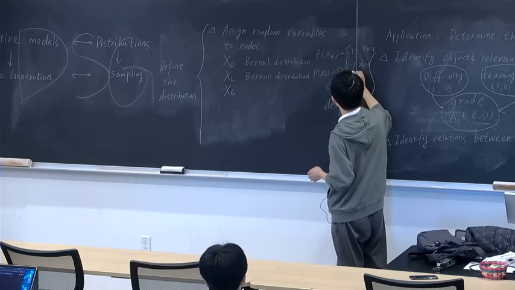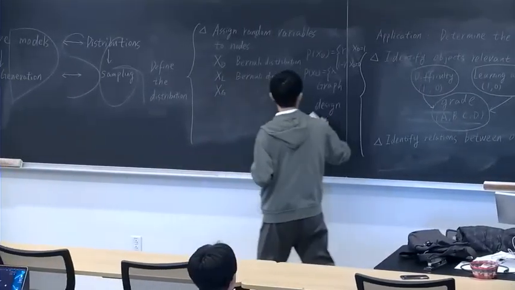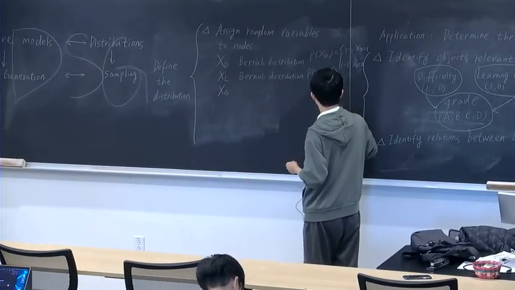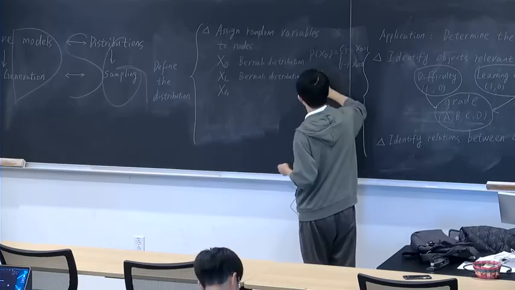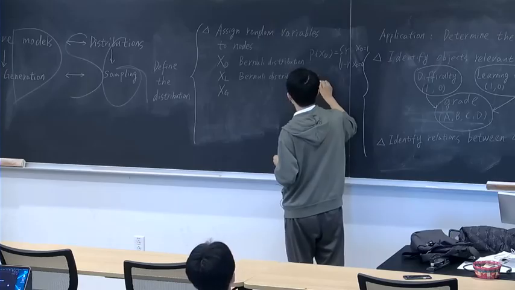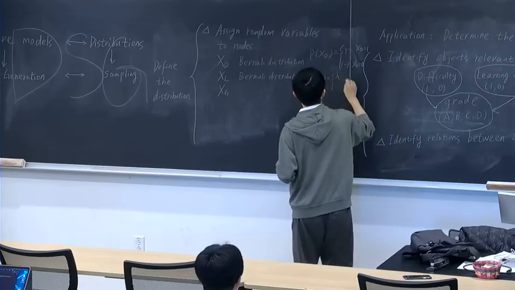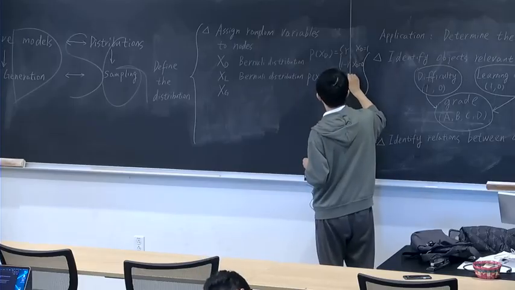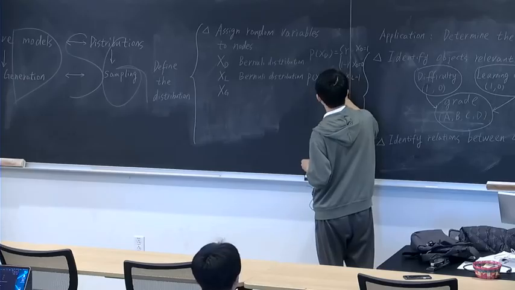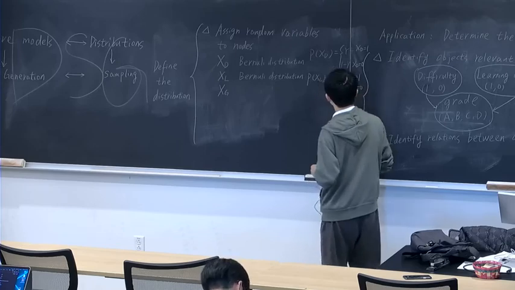So the probability p of xl equals lambda if this variable xl equals 1, and the probability equals 1 minus lambda if the variable is 0.